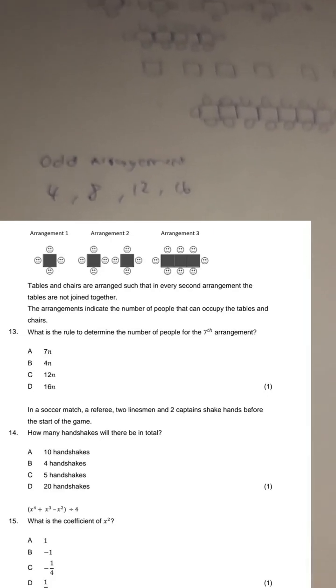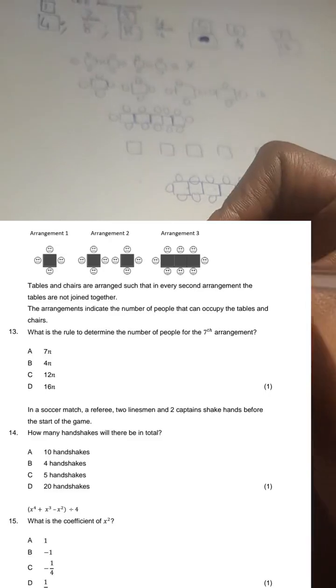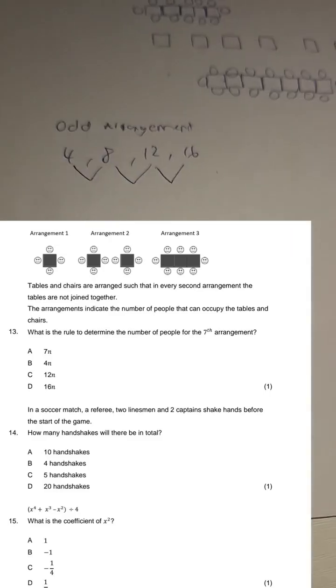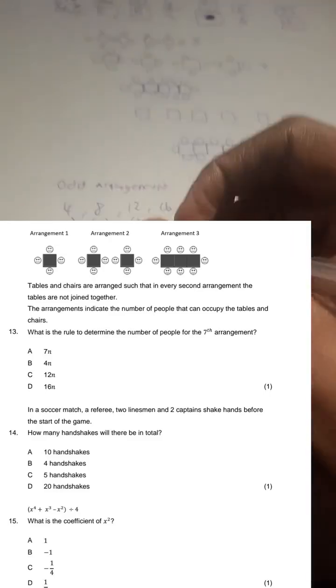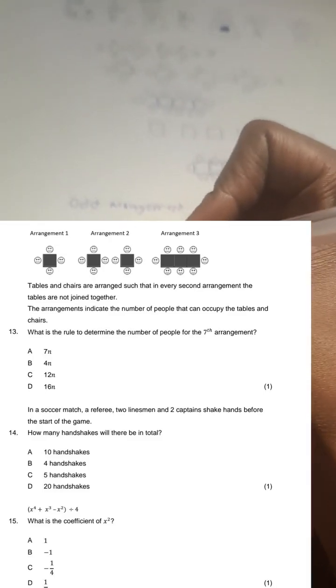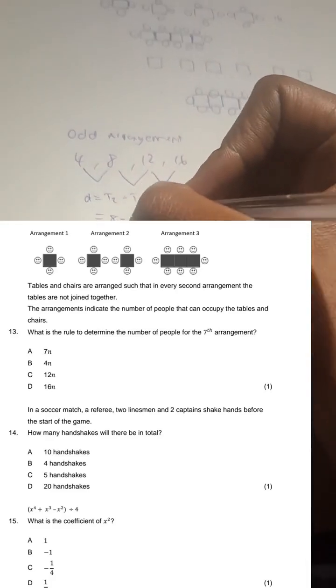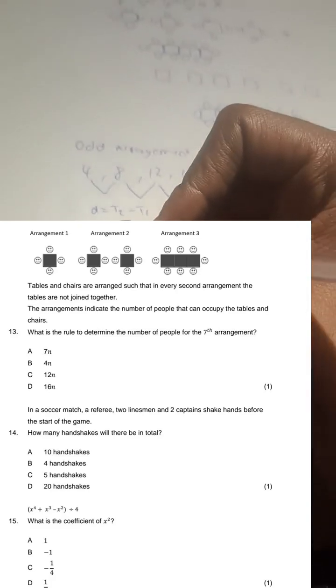So if we now want to find out what is the rule to determine the number of people for the 7th arrangement, then we need to look at this pattern. If we want to find the rule, first and foremost, we find the constant difference, which in this case will be 8 minus 4, which is 4.